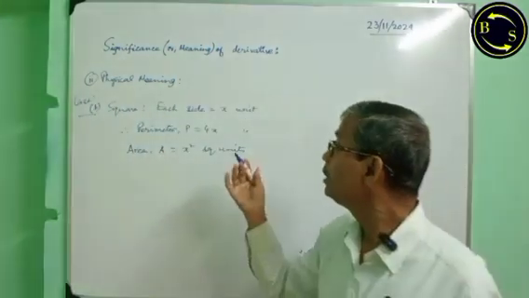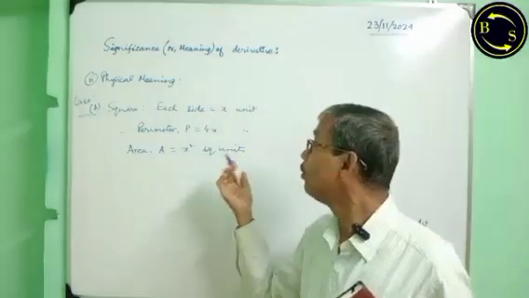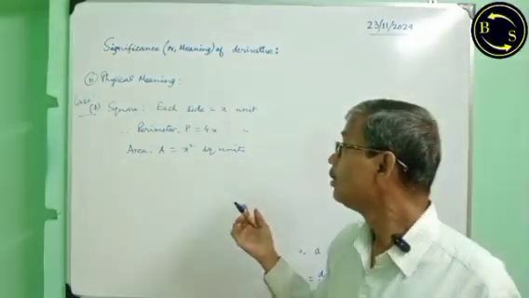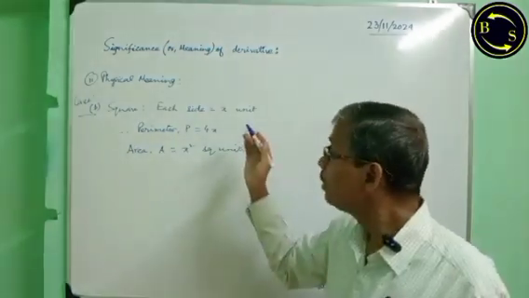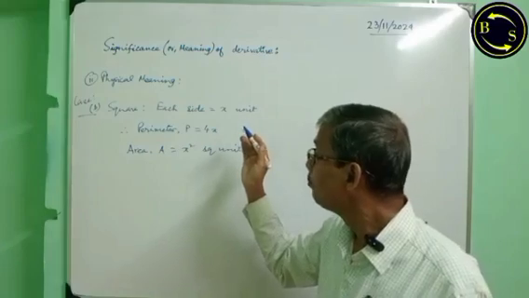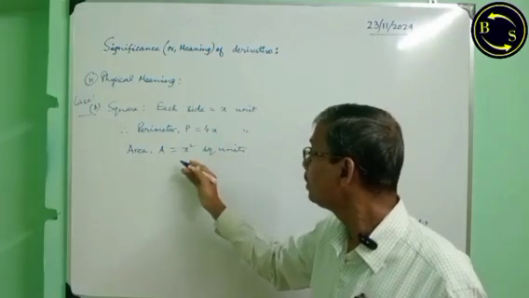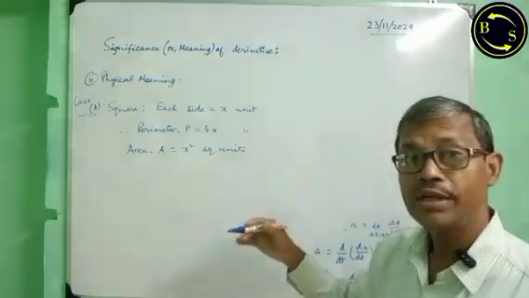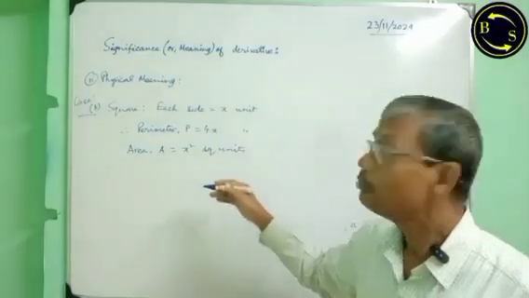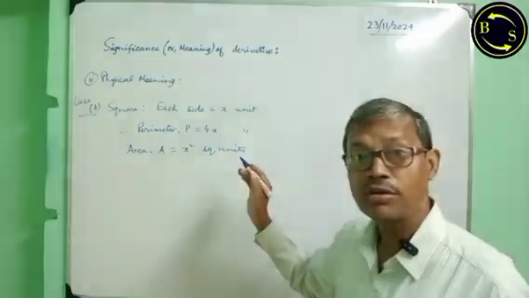The side may be dependent on t, or perimeter and area may be dependent on x.